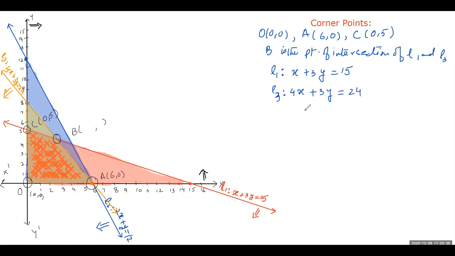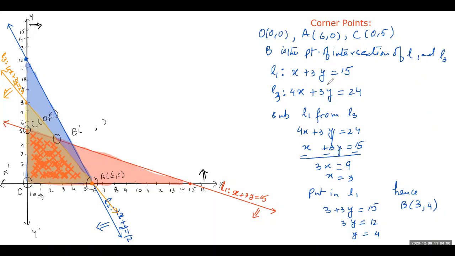So let's evaluate it. We solve these two equations simultaneously with the routine procedure and we get B as 3, 4. Let's write the coordinates of B on the graph paper. So the point B is 3, 4, and that completes the solution.